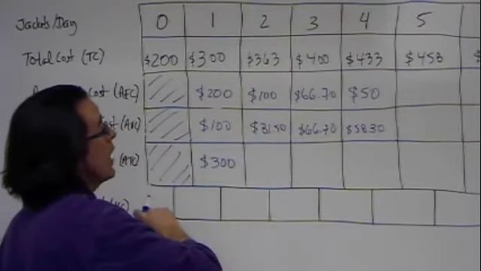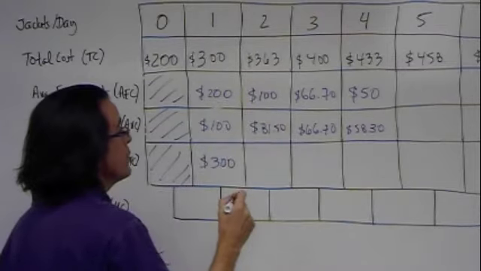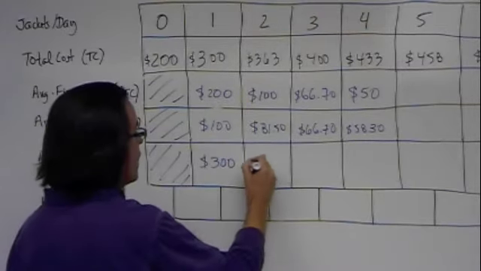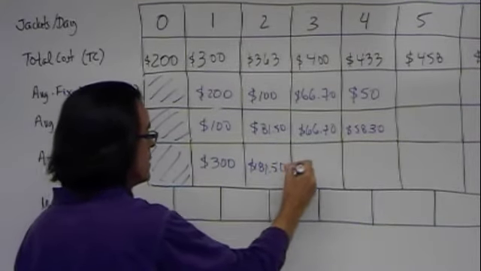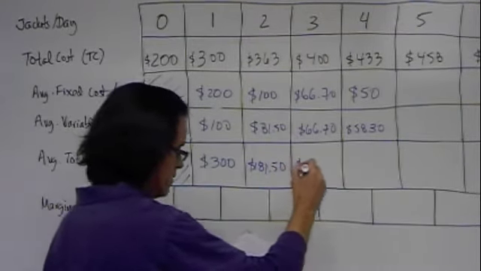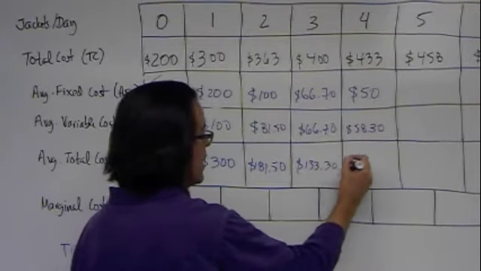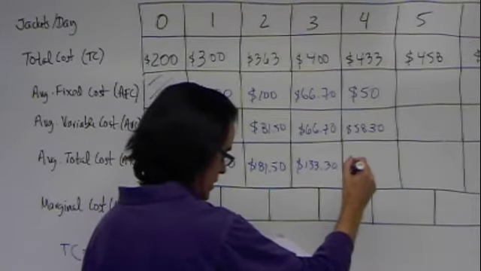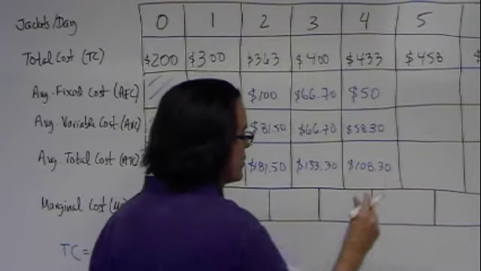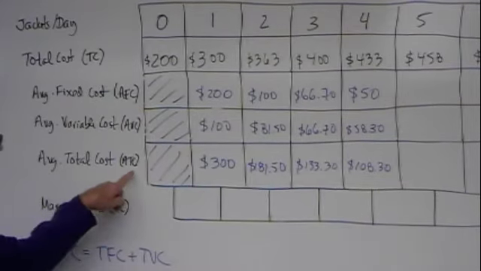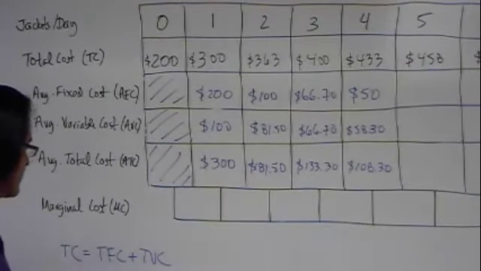We take our next value, total cost of 363 divided by 2 units of output, and we get 181.50. We do the next one, we'll get 133.30, and just to complete this column, we get 108.30. So again, we've used our definition, our equation, to generate these numbers.